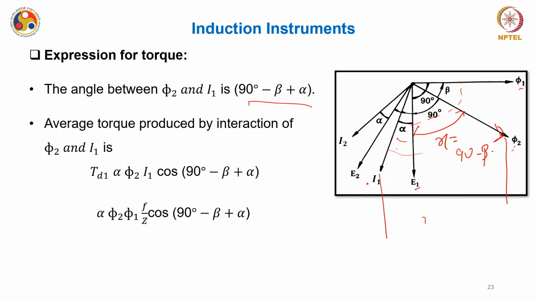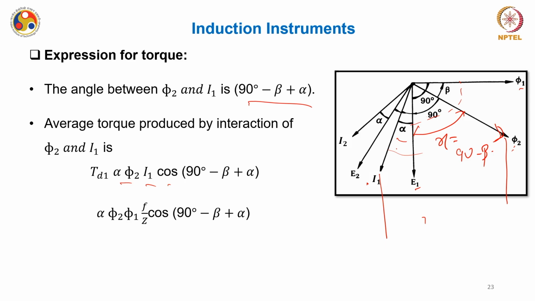Now the average torque produced by the interaction of flux phi 2 and current I1 can be given as TD1, which is directly proportional to phi 2 into I1 into cos of 90 minus beta plus alpha.